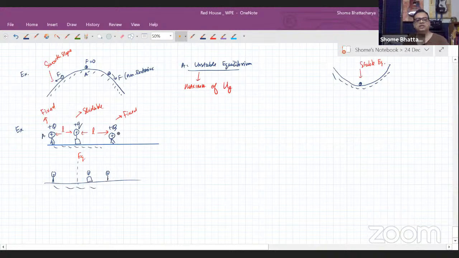and I'm calling this A and this B, now the repulsion due to B will become more than the repulsion due to A. So what will be the direction of the net force?